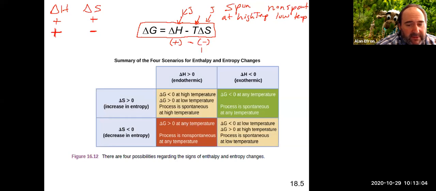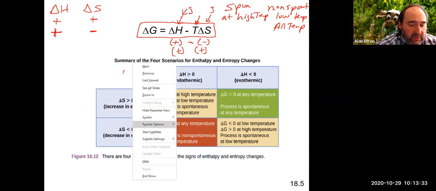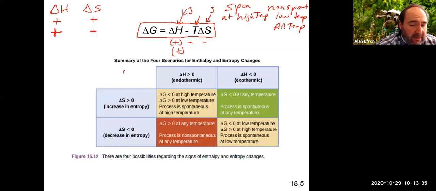That turns this into a positive number and a positive number, which means no matter what you do in that situation, the delta G is always going to be positive, which means this reaction is non-spontaneous at all temperatures. So when you have a positive delta H and a negative delta S, you're going to end up with a positive delta G, and the reaction will be non-spontaneous at all temperatures.